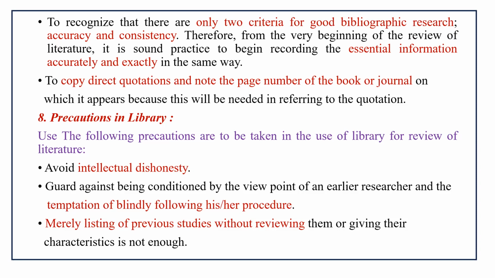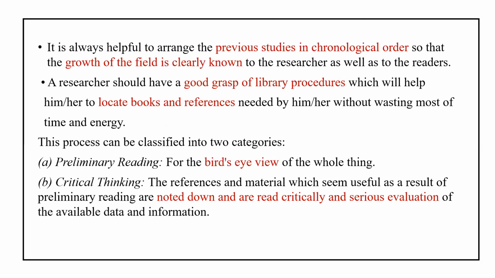That is the correct way of preparing a review. Then, as I said, it should be in chronological order, right from the first till date, and it will definitely tell you how the research area or field has grown.